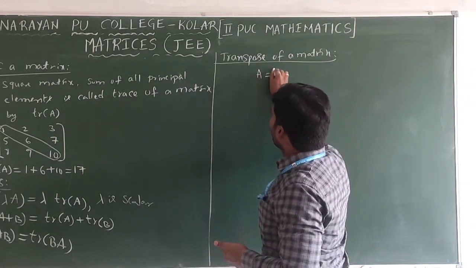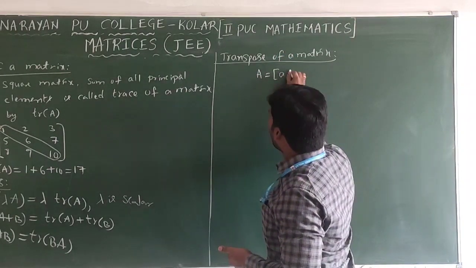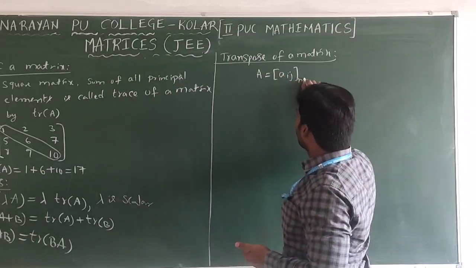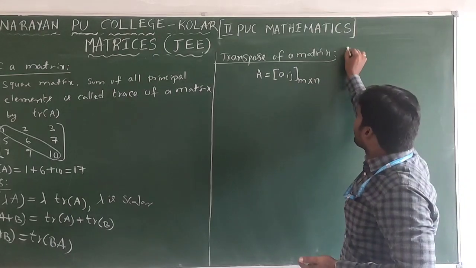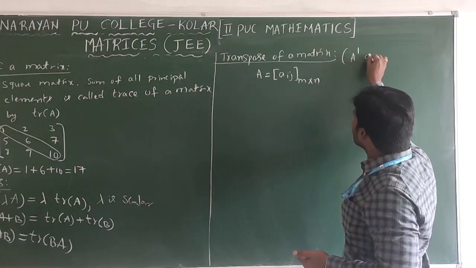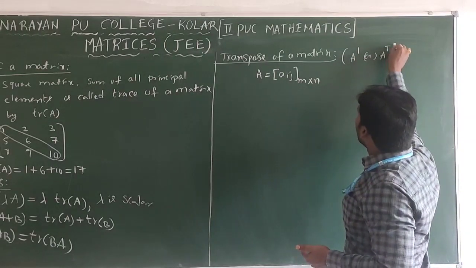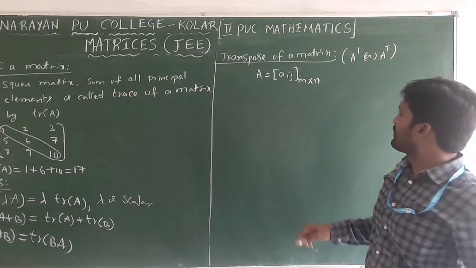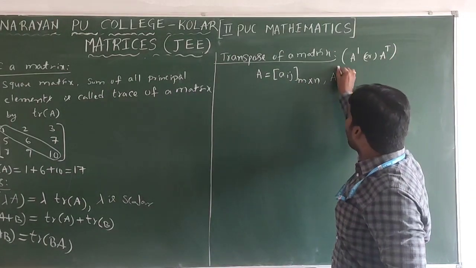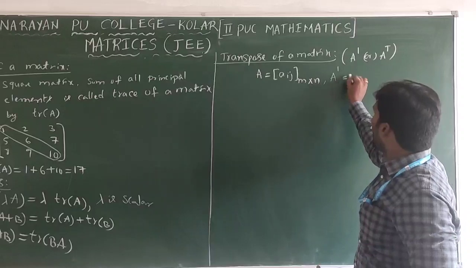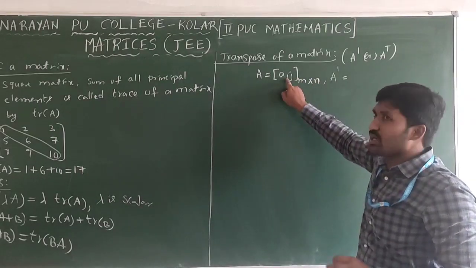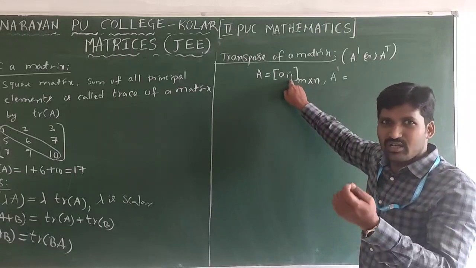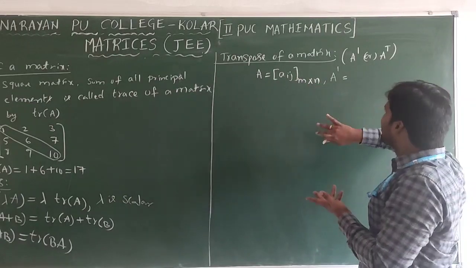For example, a matrix A is given like this, general form A is m by n. Transpose of a matrix is denoted by A dash or A power T or A transpose. How to find this? Interchange row position and column position. Here i is called the row position, j is called the column position. These both positions will be changed.